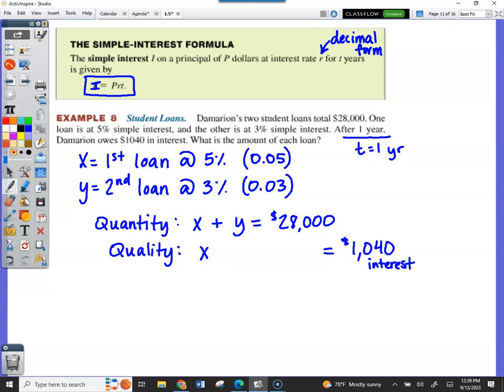We don't know, x, right? P, how much you took out. R is the rate. That would be 0.05. And T is the 1. Now I'm just writing it all there so you know where what I'm about to write, which is 0.05x, where you know where it came from.